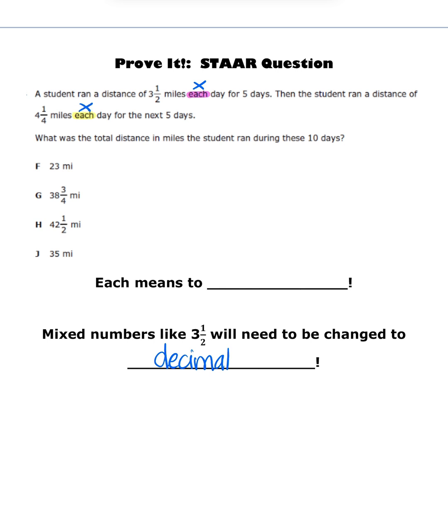And then we would say, how do I find the total? I would find the multiplication of these two and the multiplication of these two. And then I'm going to add those numbers together. So total, we're going to add our two distances together. All right, and remember each means to multiply. All right, go try that one out.